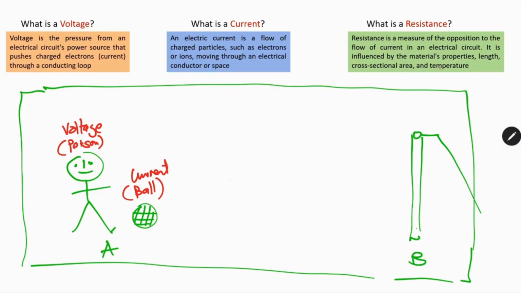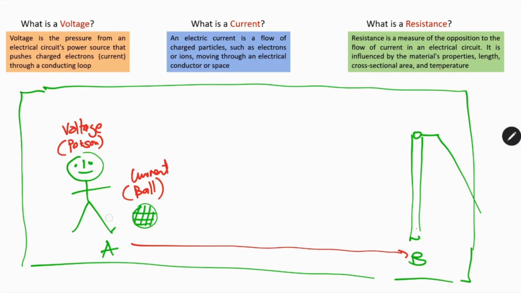In order to pass the ball from point A to point B, the ball cannot move unless there is a force applied. If the person kicks the ball, the ball will flow from one point to another. Without this person, the ball cannot move.